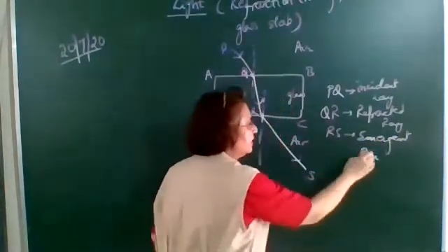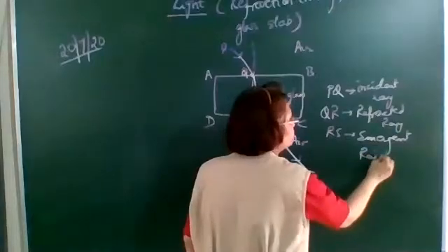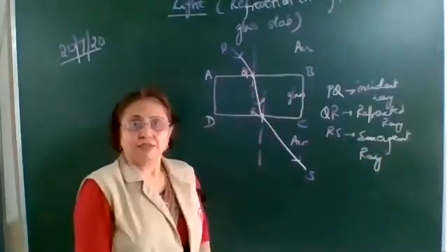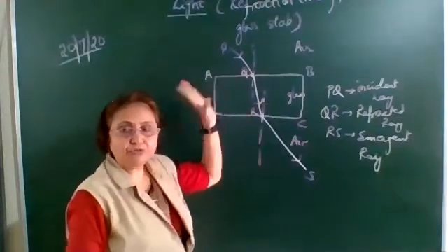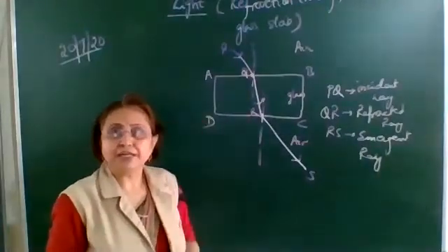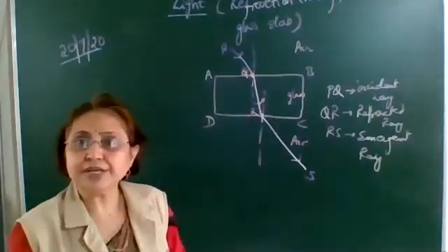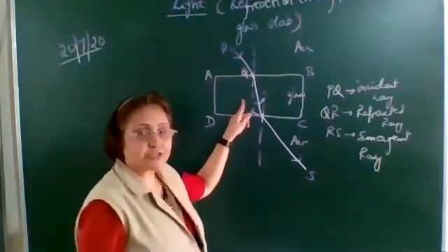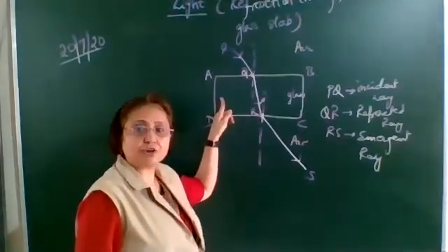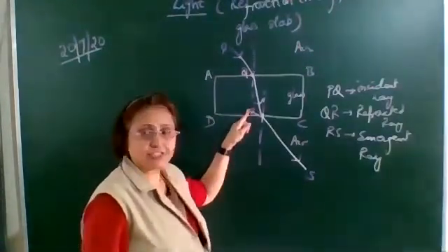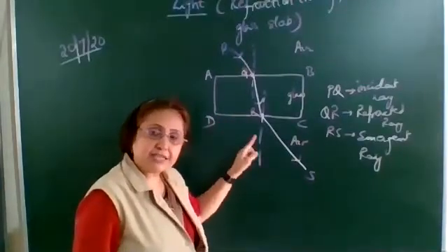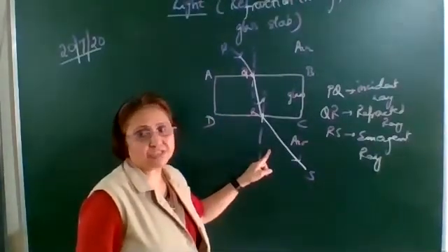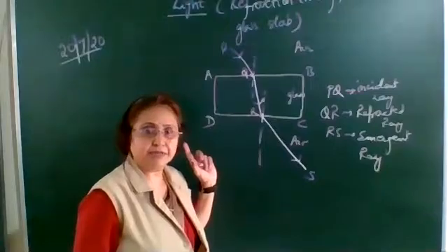So these are the three rays. The ray of light PQ, which we initially drew, is called the incident ray. When it enters the glass, it bends towards the normal. This ray moving inside the glass we call the refracted ray, and it emerges back into the air. This ray RS we call the emergent ray.